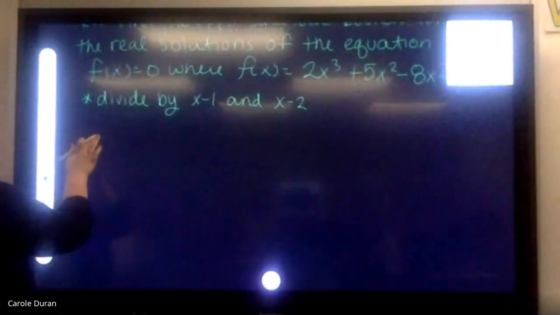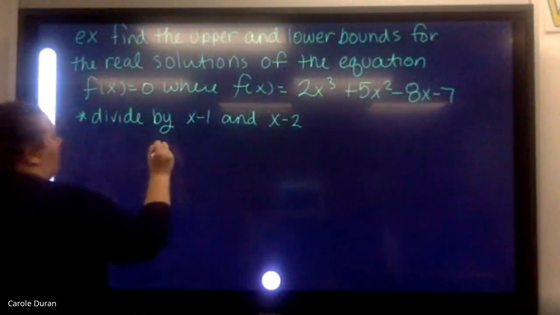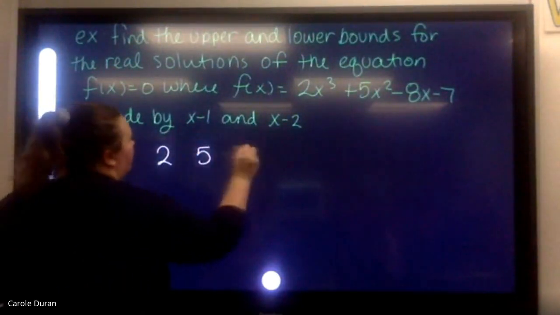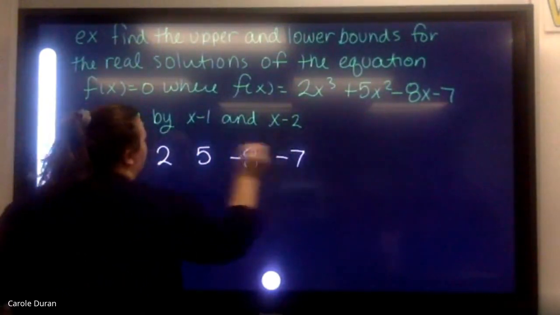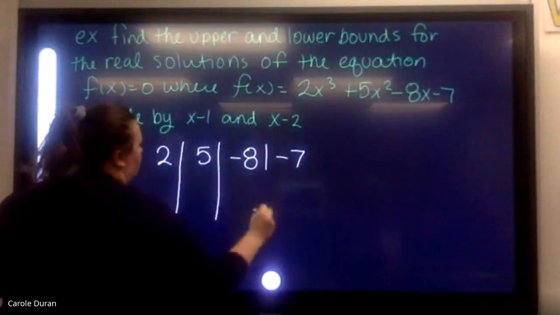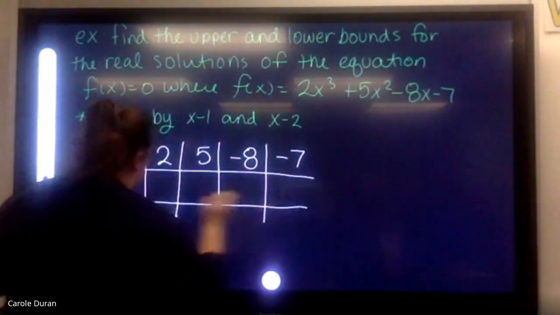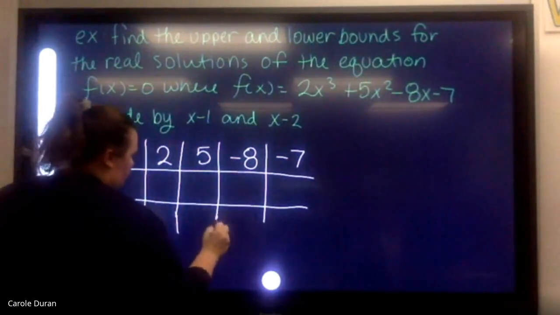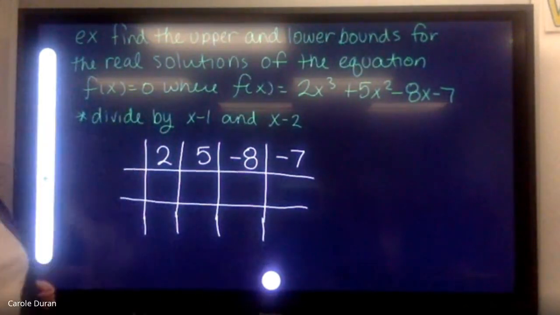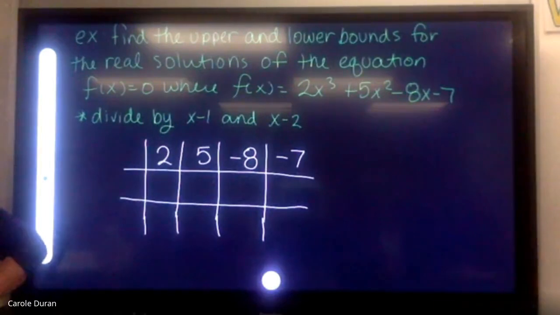So I set up my chart, and I have 2, 5, -8, -7. I build my chart. How do I decide what number I'm dividing out?